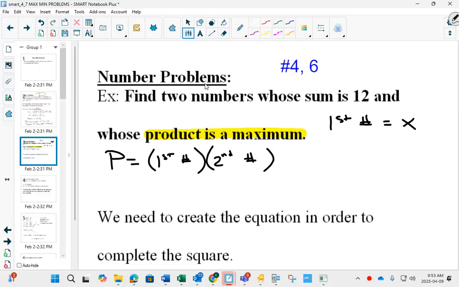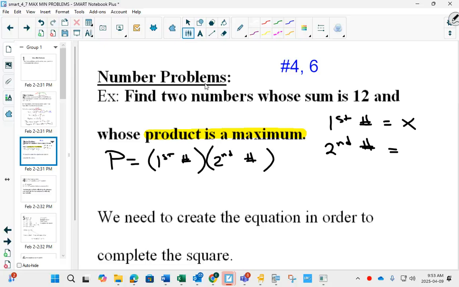If my first number is x, we'll always be able to write our second number in terms of x. In other words, if I picked a number like 5, if one number is 5, what's the other number? 7, right? Because they add up to 12. If one number is 3, what's the other number? 9, because they add up to 12. If one number is x, what's the other number then?